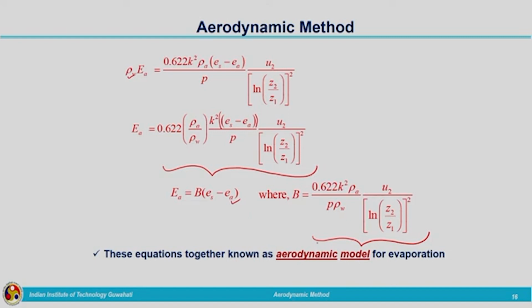So, based on the aerodynamic method, what we have considered are the specific humidity and the wind velocity gradient, and we have written the mass flux and the momentum flux. Mass flux and momentum flux expressions for the transport process which we have considered, which is convection.